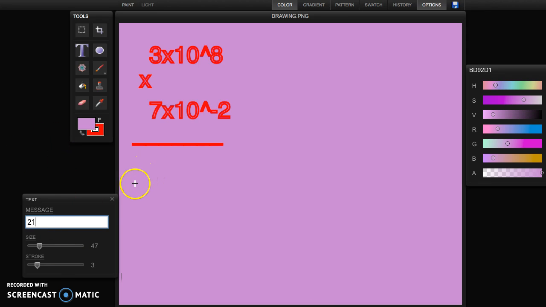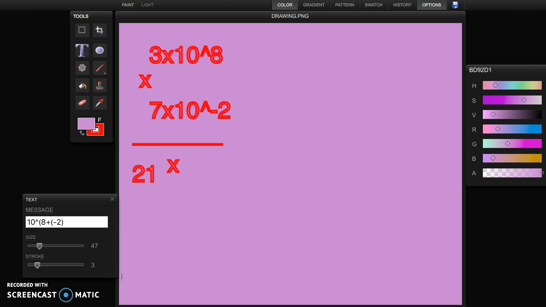21 times, I'm sorry, misspacing a bit, 10 to the power of 8 plus negative 2, because it is a rule.